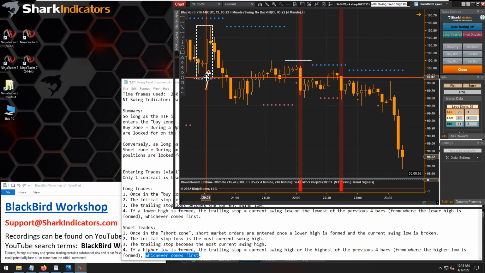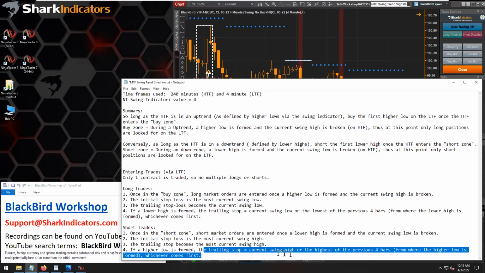So this decision making is purely discretionary. So the "whichever comes first" doesn't actually apply to this scenario.